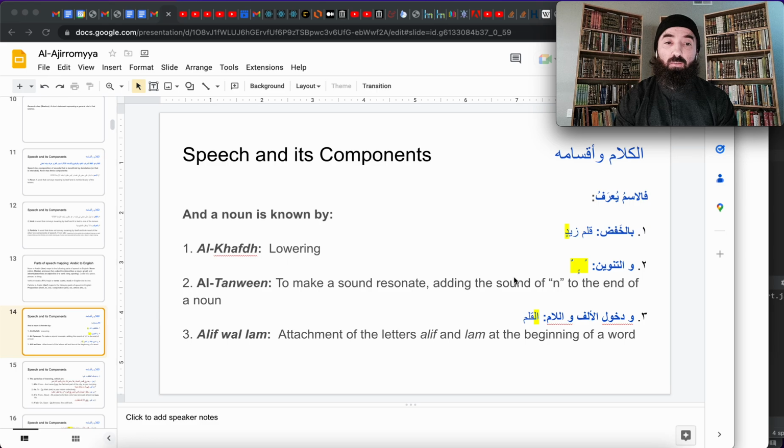So that is why the mu'allif, the author, rahimahullah, that is how he begins the book. He tells us about the signs of nouns, the signs of verbs, and the signs of particles. And when it comes to particles, it's much simpler, and inshallah we'll go over it when we get to that section.